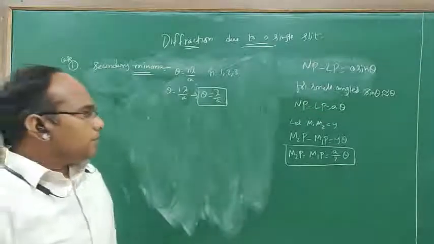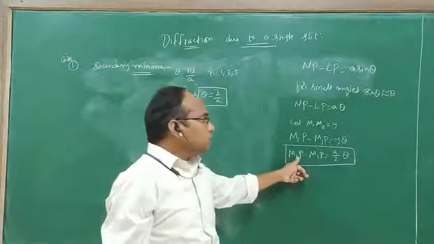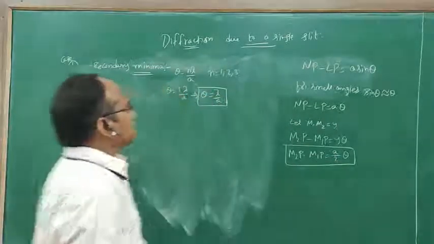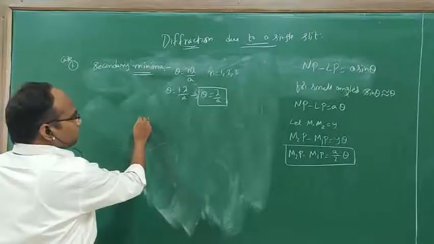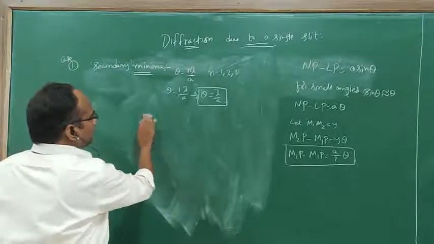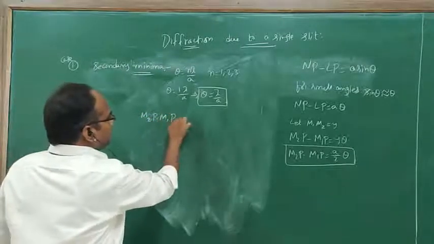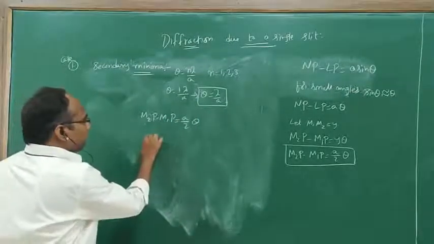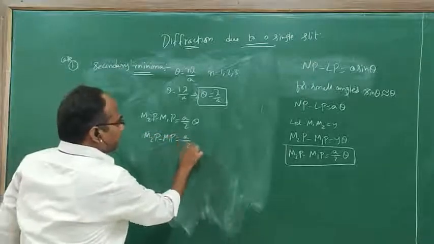Okay. Now, for the path difference, M2P minus M1P is equal to a by 2 theta.